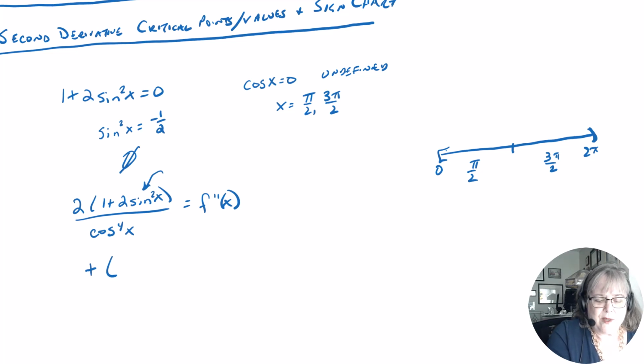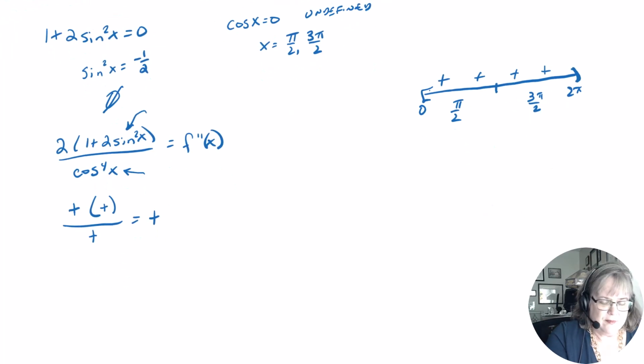Multiply it by 2 and add 1 to it, it's going to be positive. And you take cosine of anything, and whether it's positive or negative, you raise it to the 4th power, it's going to be positive. So no matter where you are, okay, they're all positive. So all of these areas, okay, are going to be positive. So it's always concave up, because we only need that one.